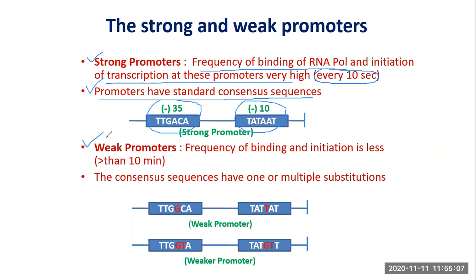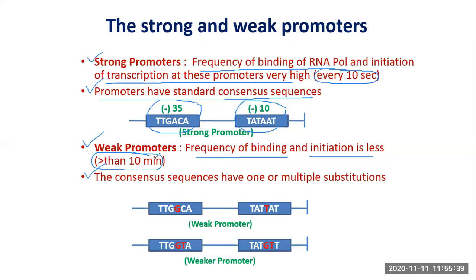Vis-a-vis the weak promoter, where the frequency of binding of RNA polymerase and initiation of transcription is less. Typically, only about every 10 minutes will RNA polymerase be able to bind here and initiate transcription. In fact, RNA polymerase finds it difficult to recognize these promoters, and many times it is helped by additional factors, usually called transcription factors. What are the characteristics of a weak promoter?